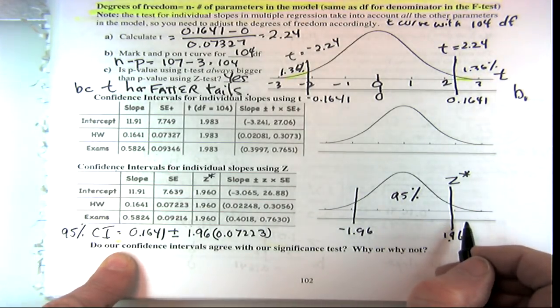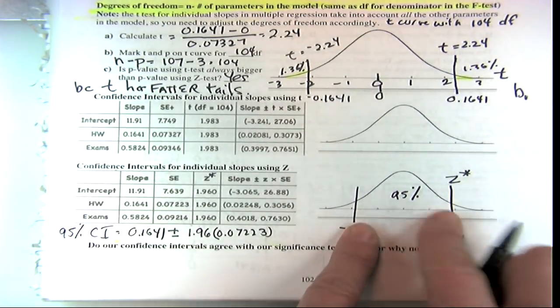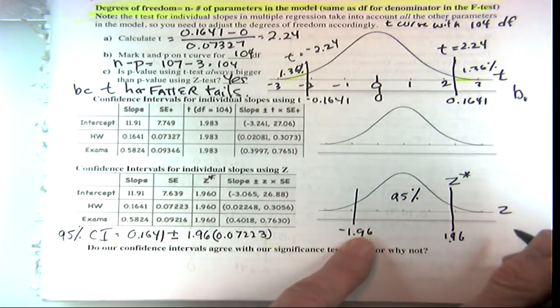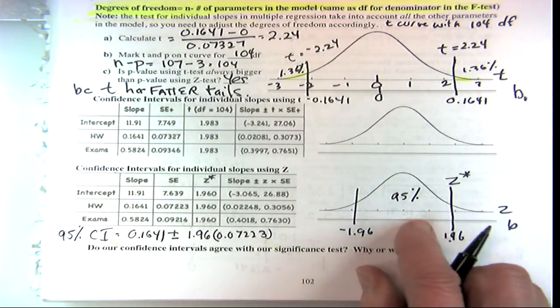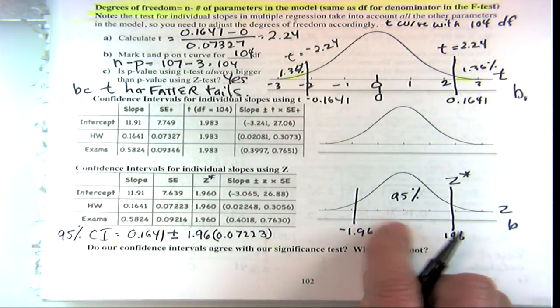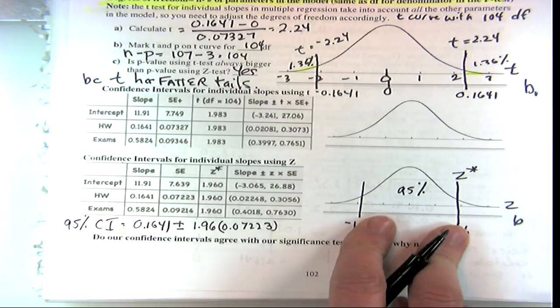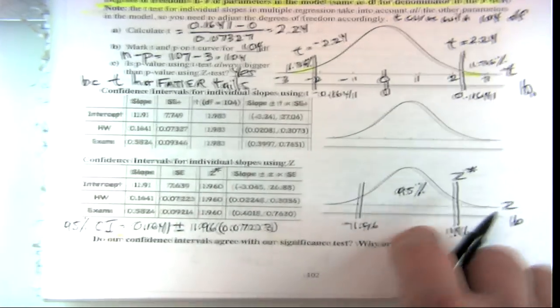Basically what it says, we're 95% sure. This is the sampling distribution. This is Z, and this is our sampling distribution of the slope under the null. And we say, okay, when the null is true, 95% of the time we're going to get a sample in this range.